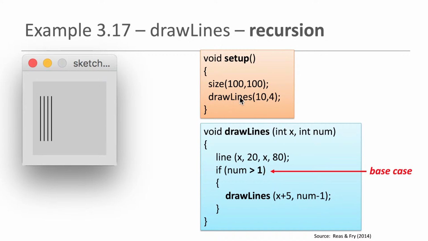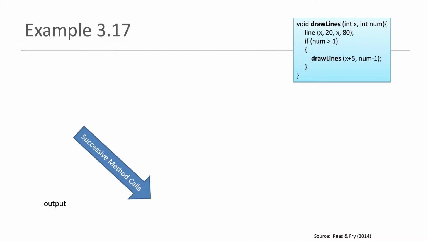So we're taking in draw lines 10 and 4. Let's work our way through it. The 10 and the 4 come in here. We're drawing a line, and then we're testing if the number is greater than 1.